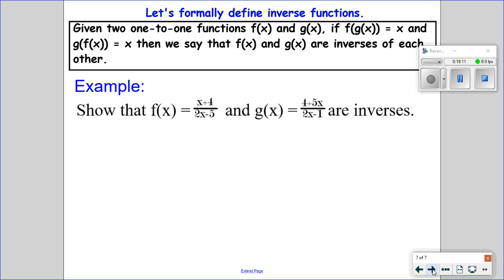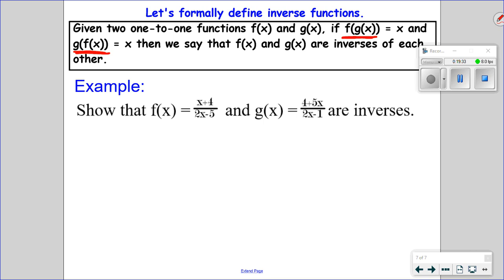Okay, so what are we saying here? If f and g are both one-to-one functions, if we compose them, plug them into each other, if those two compositions both simplify to equal x, then we know for sure that those two functions are inverses.